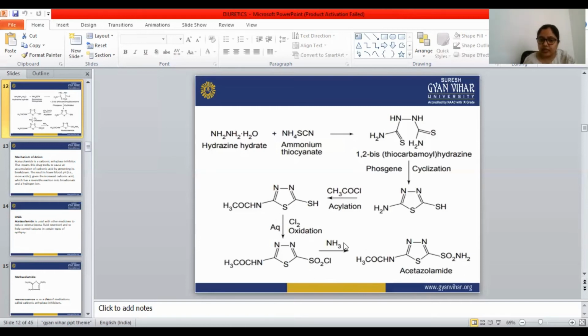The remaining portion stays the same, and here SO2Cl reacts: HCl is removed from here and NH2 comes here, attached to this SO2. This is the structure of acetazolamide. So this is the way we can synthesize the acetazolamide drug, and this is a very important portion of the diuretics.